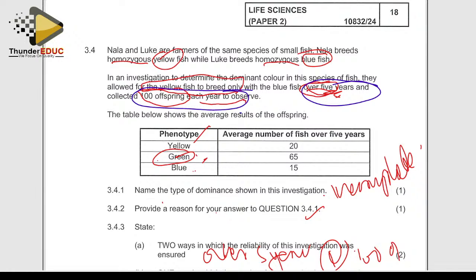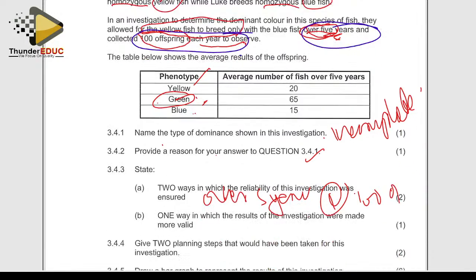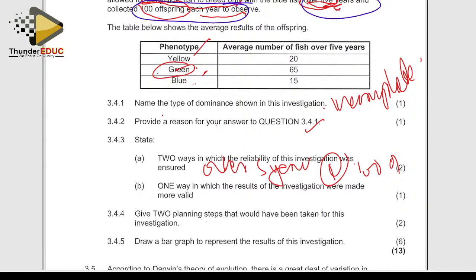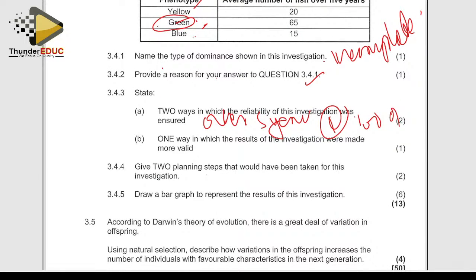Meaning that they kept the same type of species. The blue were supposed to be homozygous, and also this one is supposed to be. They didn't change it over the experiment. So if you wrote any which was used, they will credit you hopefully.